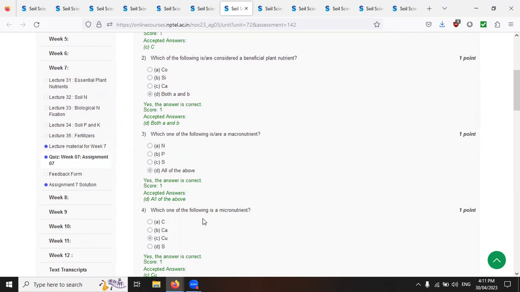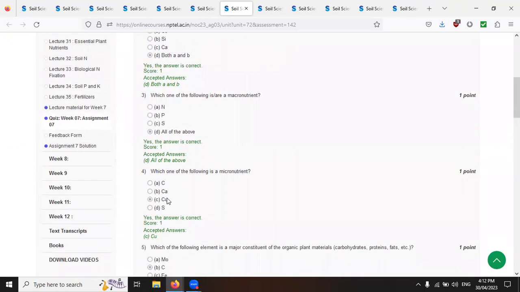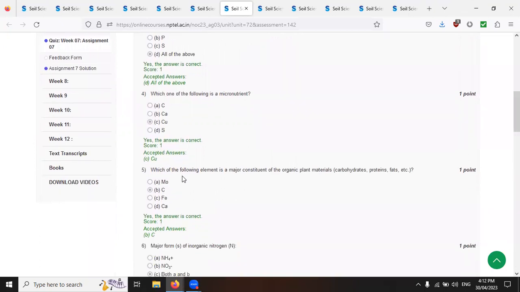So most of them aren't in the micros. They're in the others. So it's not in the primaries. It's in the micros. It's copper. Which one of the following elements is a major constituent of organic plant materials like carbohydrates, proteins, and fats? So the backbone is carbon.